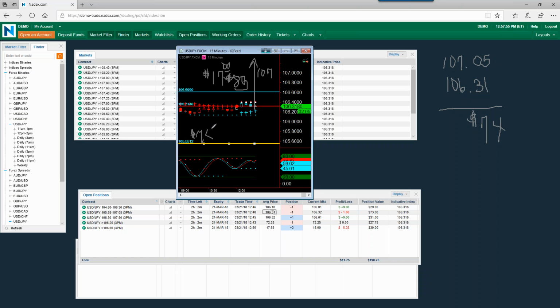But what is the profit potential? Well, the profit potential is our entry price, which is 106.31, minus the floor, which was 105.55.